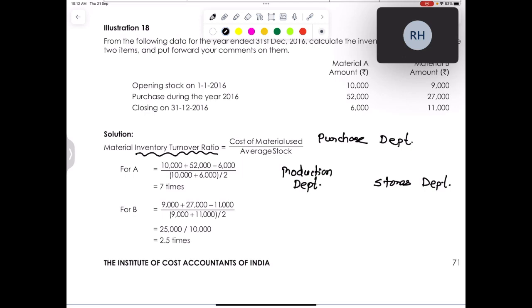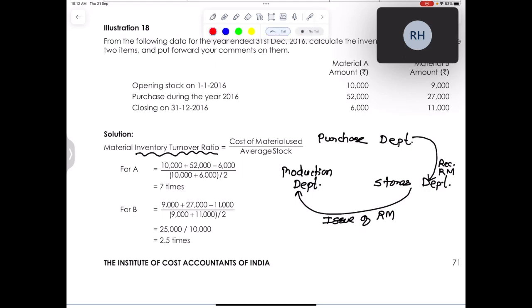Purchase department has purchased the raw material and sent it to the store department. So the store department received the raw material. Now the store department will issue raw material to the production department.